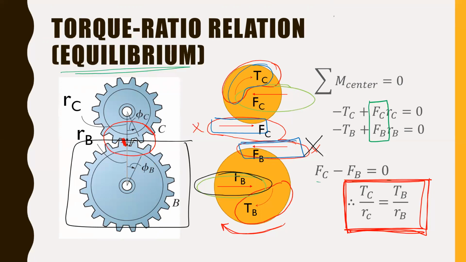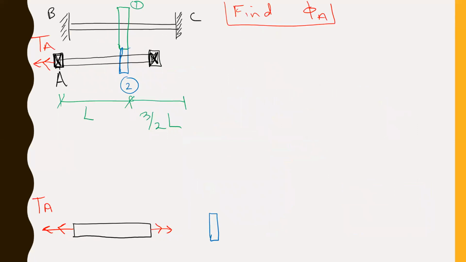Or I can know that we're going to have some relationship to get us directly to that other torque, and instead look at them as one cohesive body that has to be in equilibrium. That would be my recommendation. You can do it either way you like, but I recommend that you draw both of your gears together.